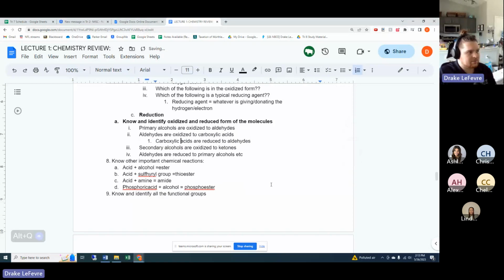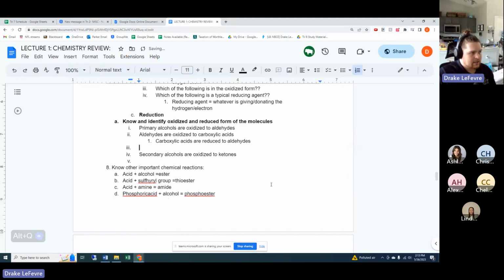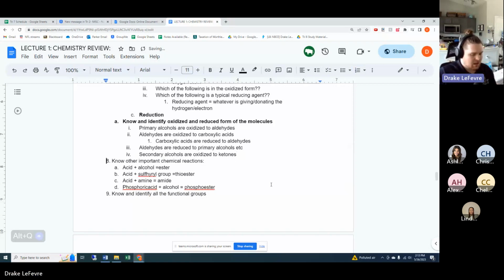That's just the opposite: if oxidizing goes one way to carboxylic acid, then reducing goes back to an aldehyde. And again, aldehydes are reduced to primary alcohols, etc. It's just that back and forth play. Not incredibly important to know, but he does occasionally throw questions like that in. Let's see if I can get this to jump back.